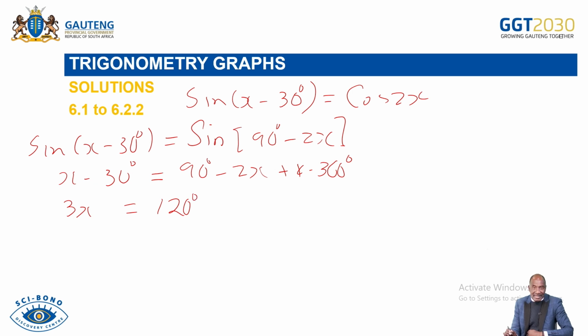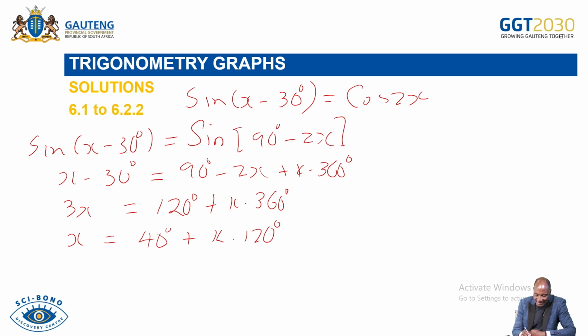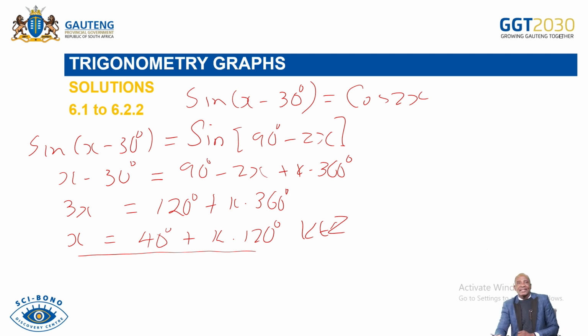If you move negative 30 to the other side, it becomes positive 30, plus your k times 360 degrees. Then you divide both sides by 3. Therefore, your x is going to be 40 degrees plus k times 120 degrees, for k an element of integers. You have to qualify your k.